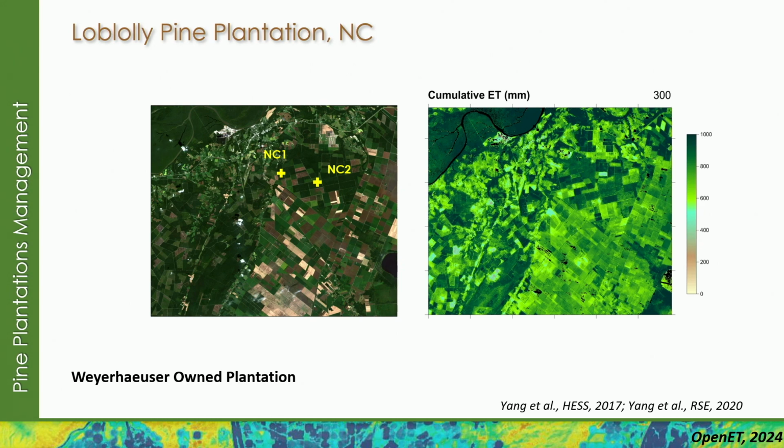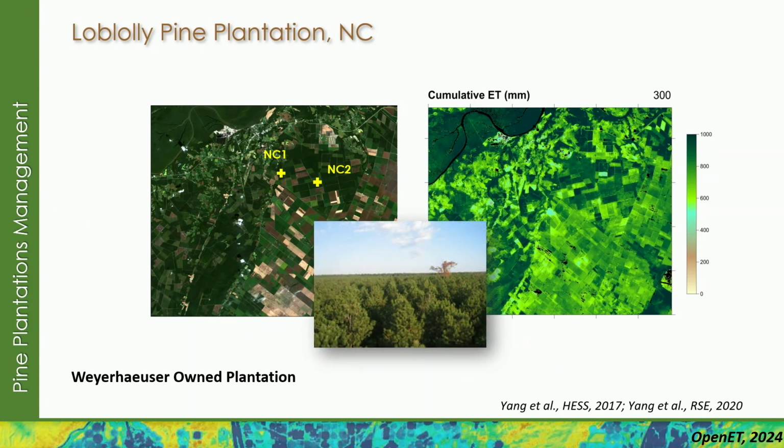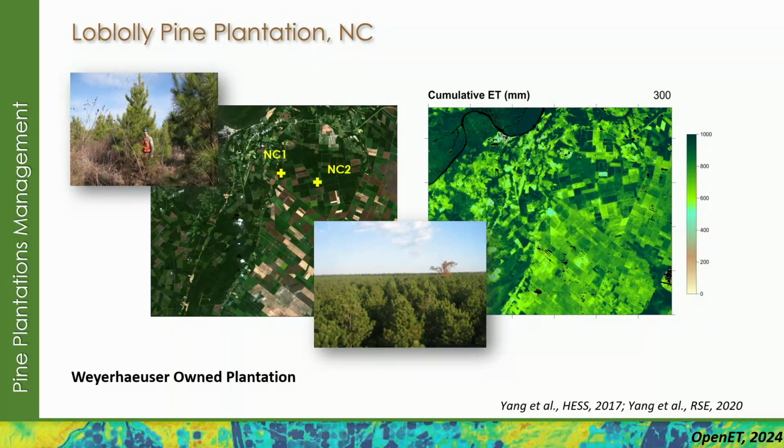On your right is our estimated annual evapotranspiration. You can see with this 30-meter data, you can really see a lot of details of each of these plantation blocks. Of these two flux towers, one is a mature plantation, which is NC2, and the other is a recent clear-cut and replanted young plantation site.